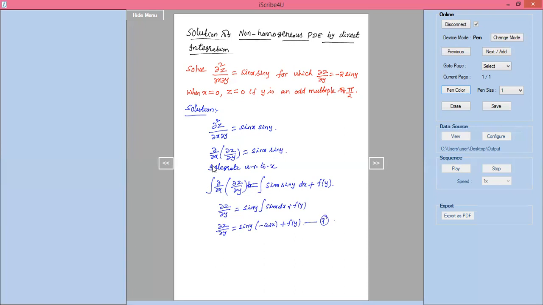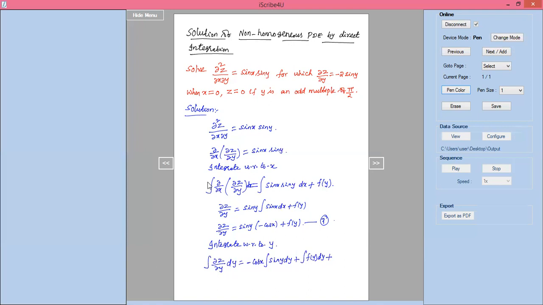Again, integrate with respect to y. Integration of dou z by dou y into dy equals minus cos x into integration of sin y dy plus integration of f of y dy plus a new constant. When integrating with respect to x, the other variable y gives the arbitrary constant f of y.